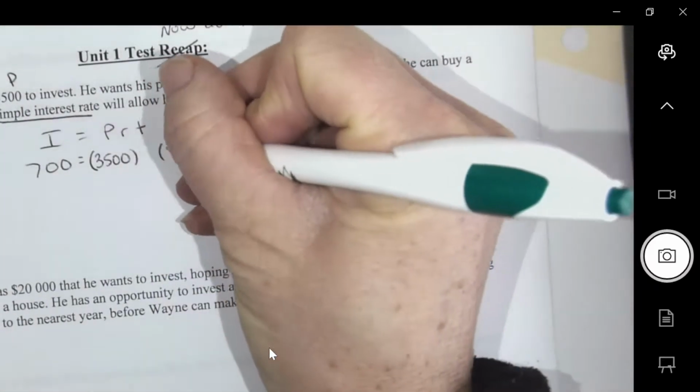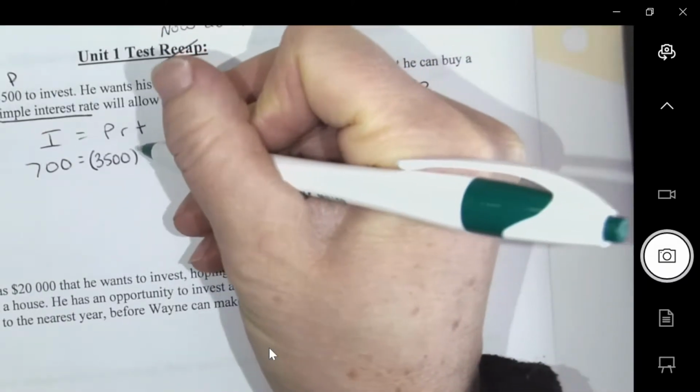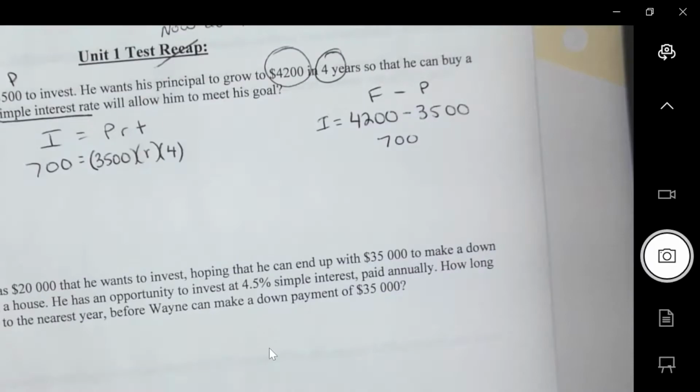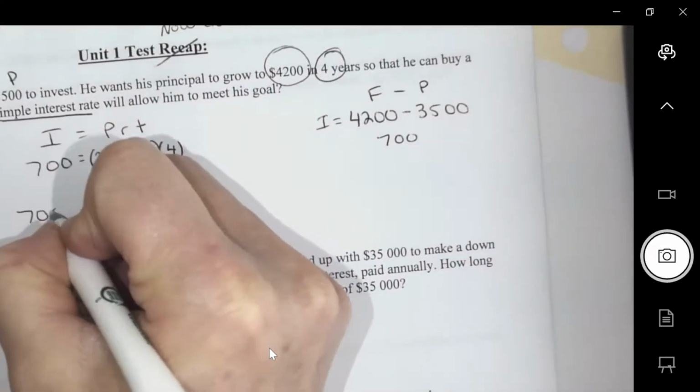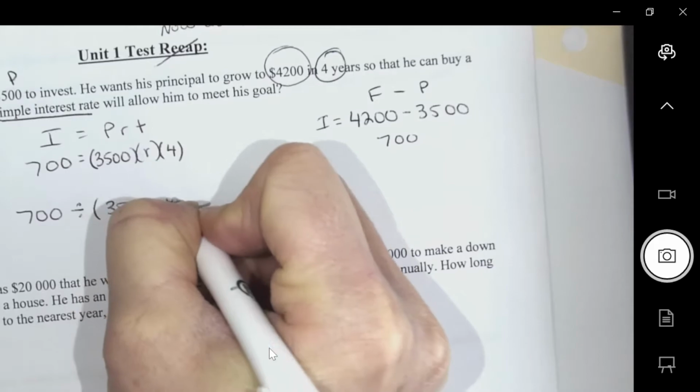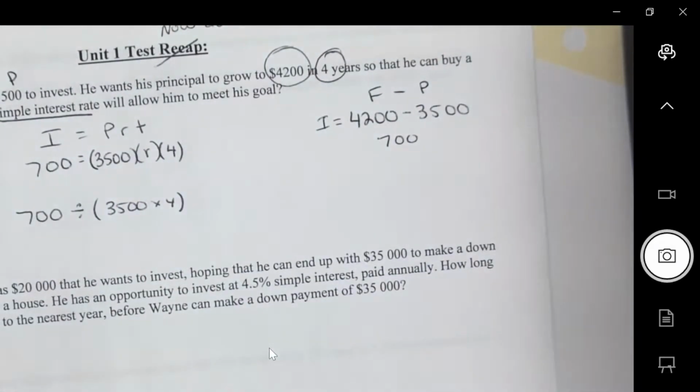So that is the time, and the rate is the thing that we're solving for. So in your calculator, I need brackets to say I'm doing 700 divided by that multiplied. You have to have brackets or it's going to be wrong.